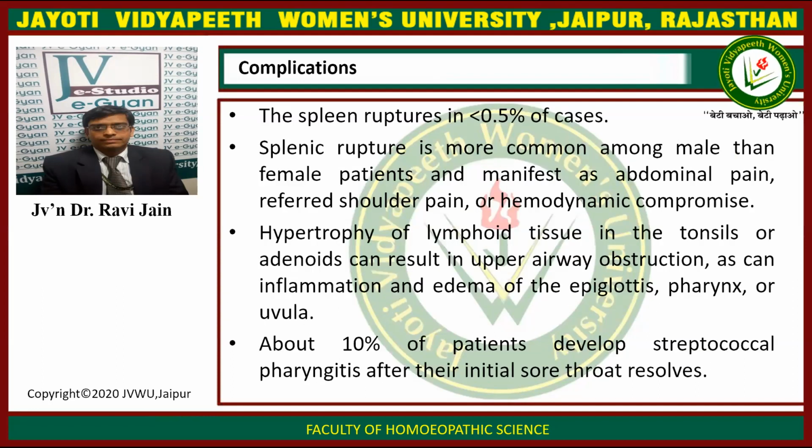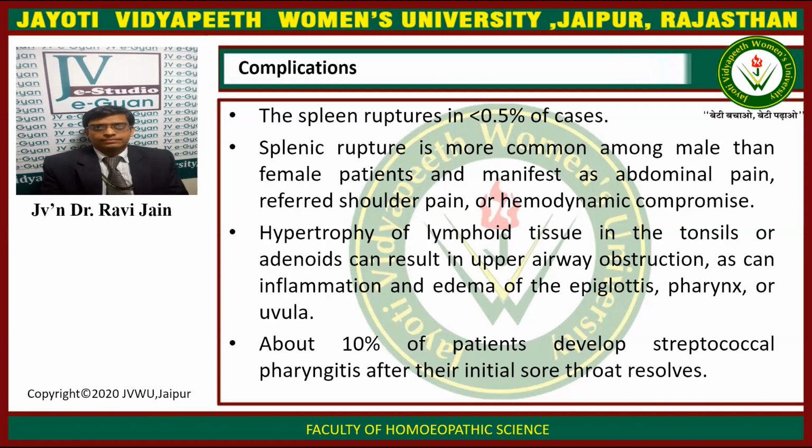lymphohistiocytosis. The spleen ruptures in less than 0.5% of the cases. Splenic rupture is more common among males than in female patients and manifests as abdominal pain, referred shoulder pain, or hemodynamic compromise. Hypertrophy of lymphoid tissue in the tonsils or adenoids can result in upper airway obstruction, as can inflammation and edema of the epiglottis, pharynx, or uvula.